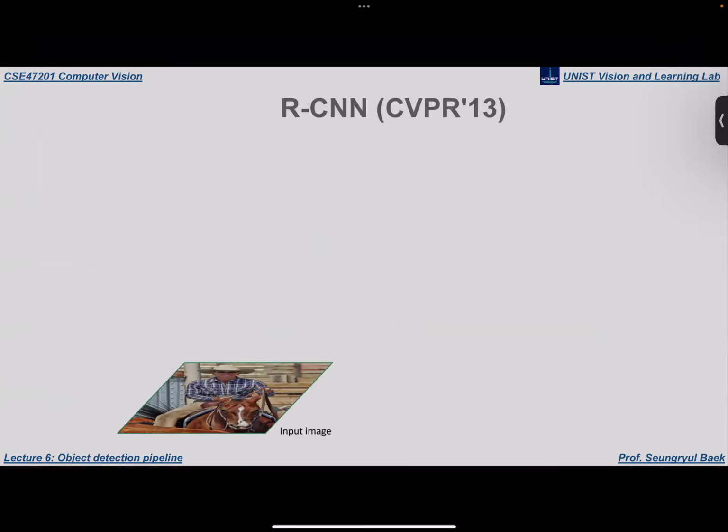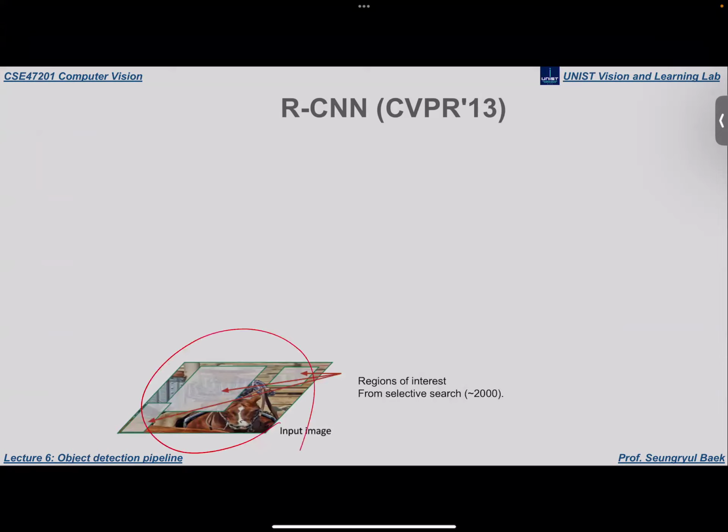So we have learned about the RCNN algorithm. We first extract a set of bounding boxes which may contain the object inside. It is still large in size.